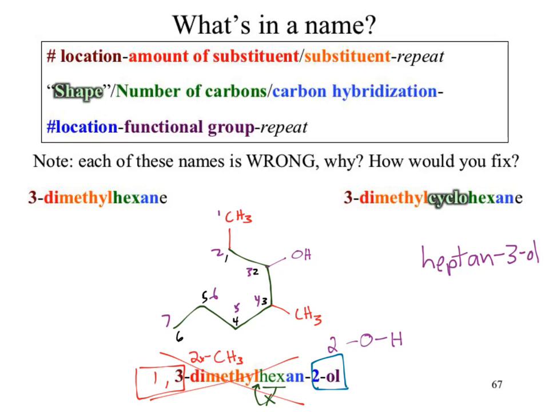What else do I have in the structure? I have a methyl, located where? Position 4. Do I have dimethyl anymore? No. My main chain is now all through here. The only things not circled would be the alcohol and that one methyl. Okay?